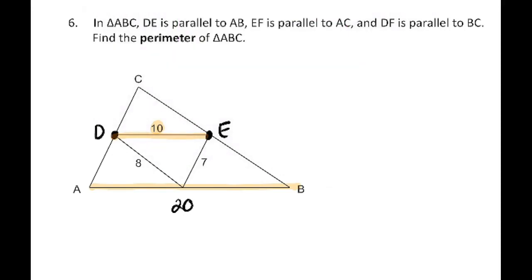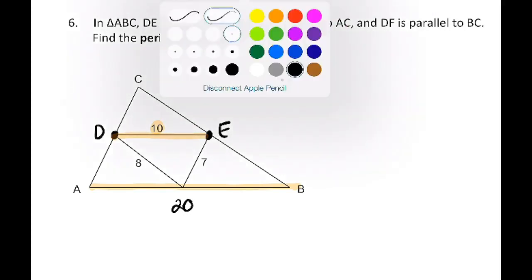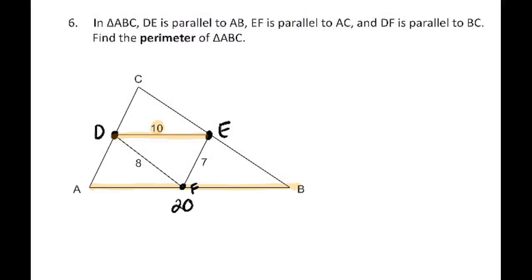Another set of parallel sides would be EF. This is going to be point F. EF is parallel to AC. If those two are parallel and EF is 7, that means that AC is 14, all the way over here.